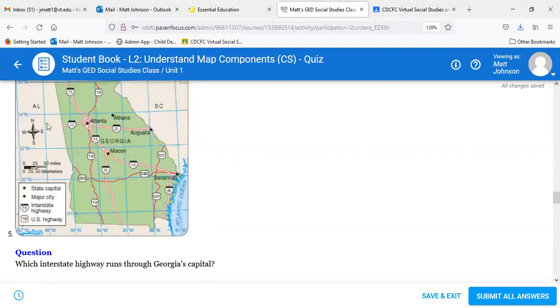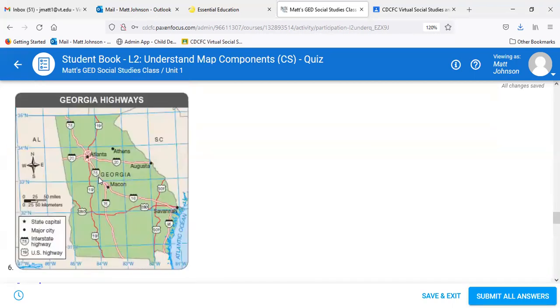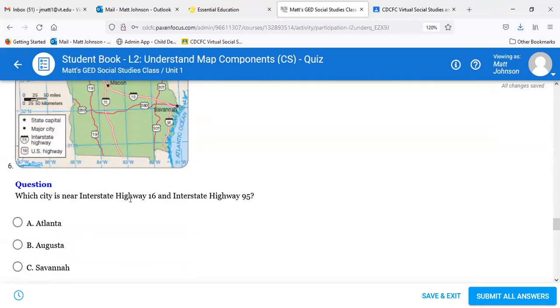Anywhere around I-285, 85, 75, everybody's doing about 150 miles per hour around Atlanta when it's not gridlock. So D, 75.